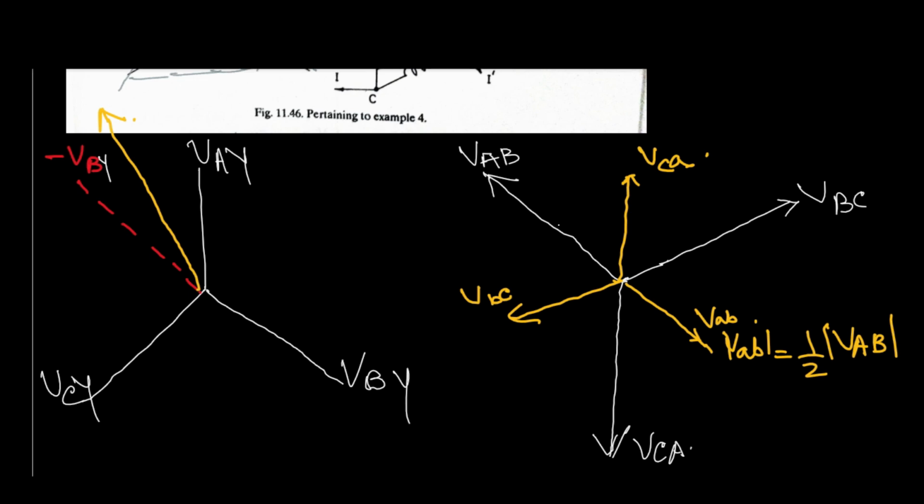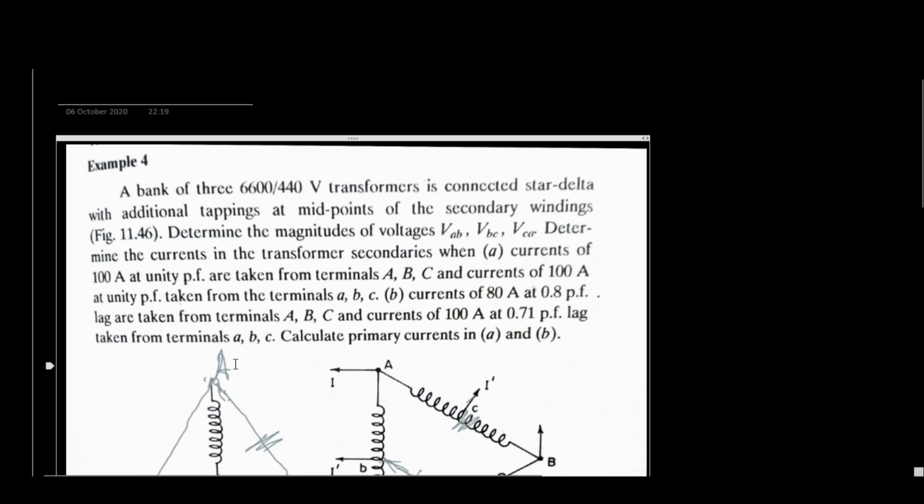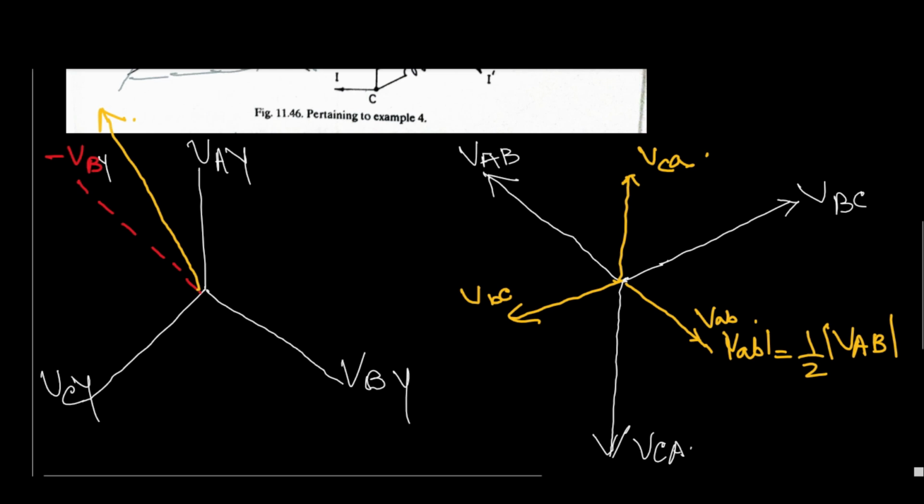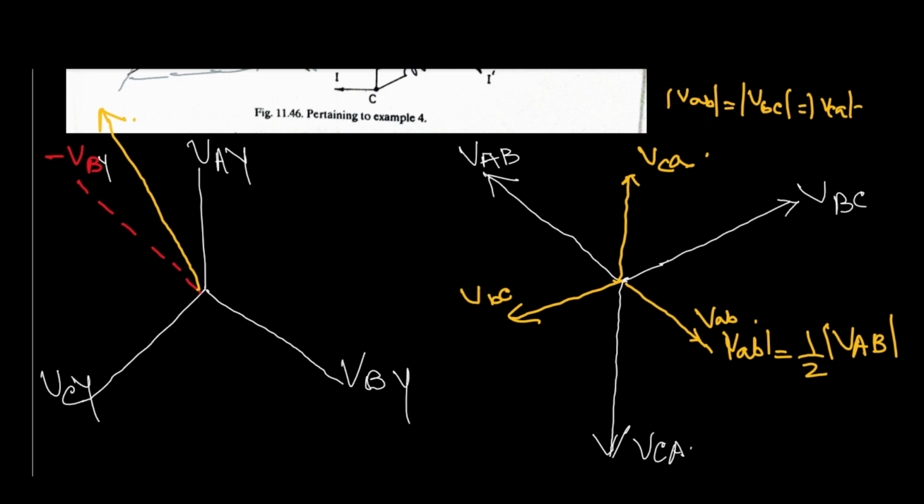Obviously, this side is 440 volts, so between A and B you will get 440 volts. So therefore, all these magnitude-wise should be 220 volts.